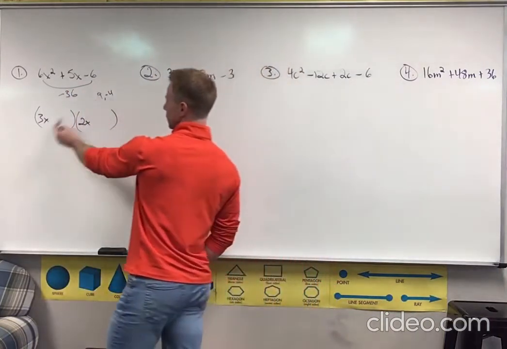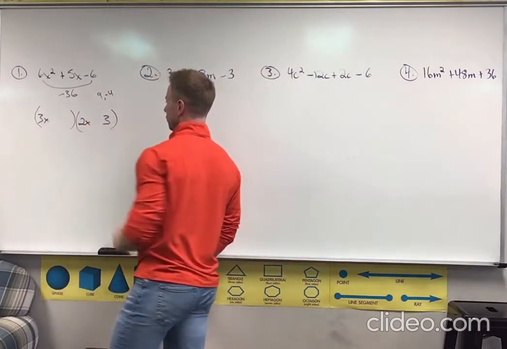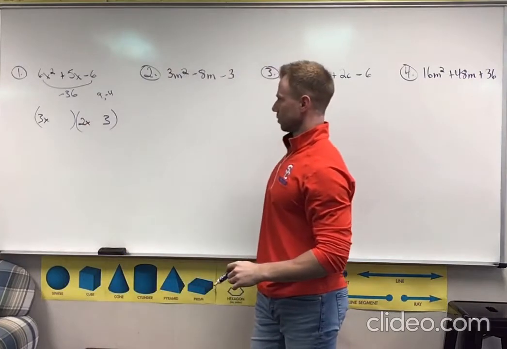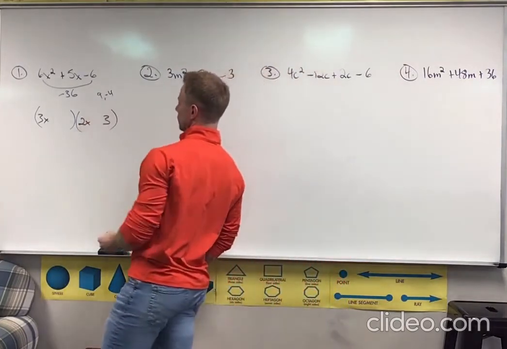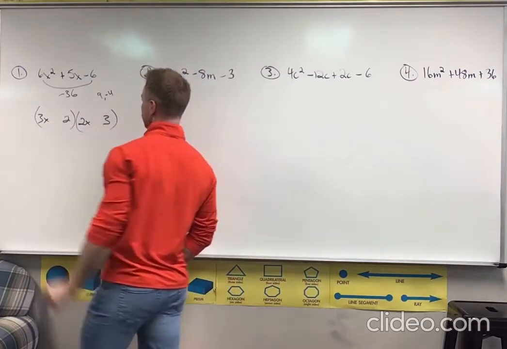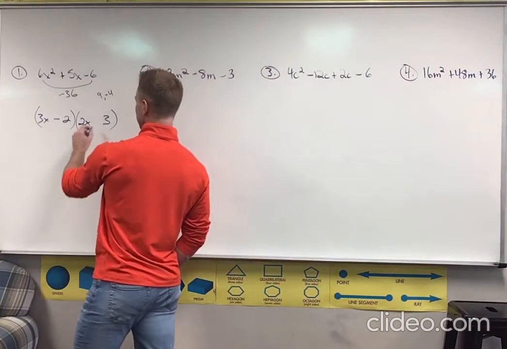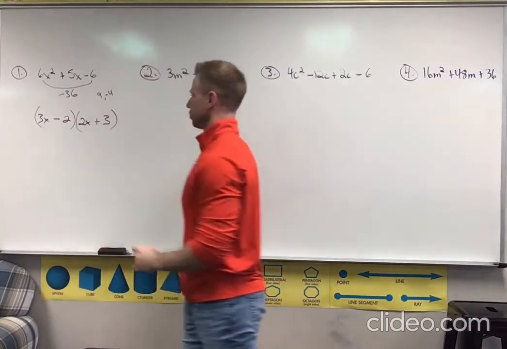So 9 can be divided by 3, 9 divided by 3 is 3, so we're going to put 3 in the second set of parentheses. Negative 4 can be divided by 2, so we put 2 in the first set of parentheses. That's going to be a negative 2 and a positive 3.